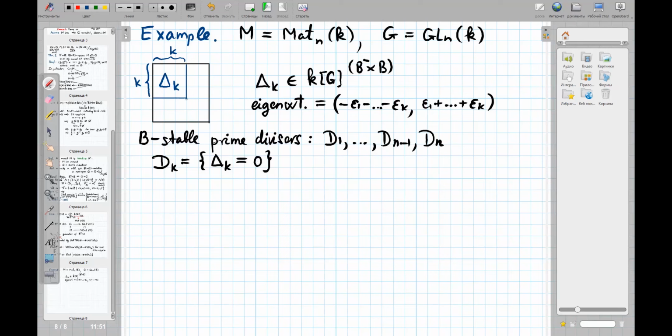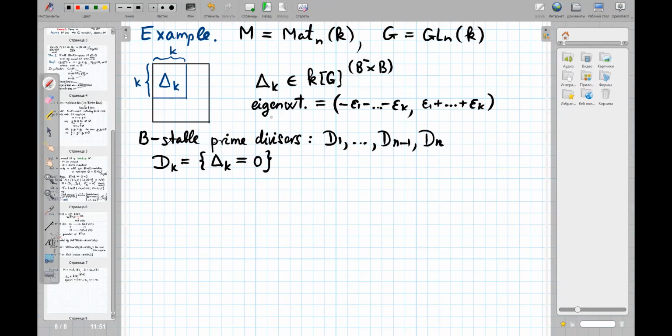The set of all matrices with non-vanishing leading principal minors can be taken to the unity matrix by multiplication with a lower triangular matrix on the left and with an upper triangular matrix on the right. So this complementary set, the non-vanishing locus of all delta K's, is a single B minus cross B orbit. It is the open orbit, the big cell.